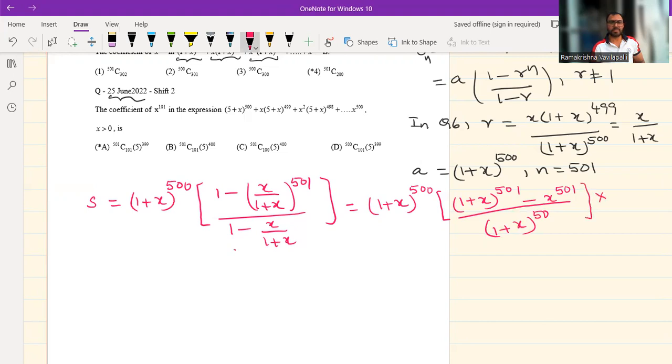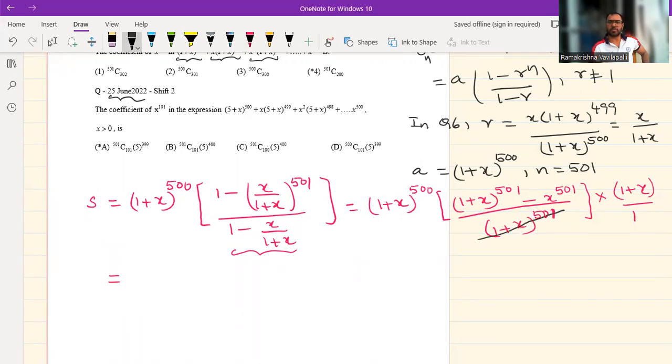we need to simplify this denominator. This gives (1 plus x) by, after simplification, simply you will get 1. Remember, (1 plus x) into (1 plus x) whole power 500 is (1 plus x) power 501, so this term will be cancelled.